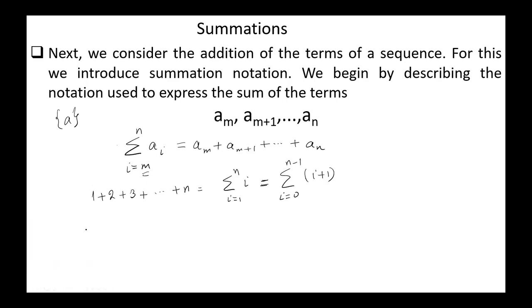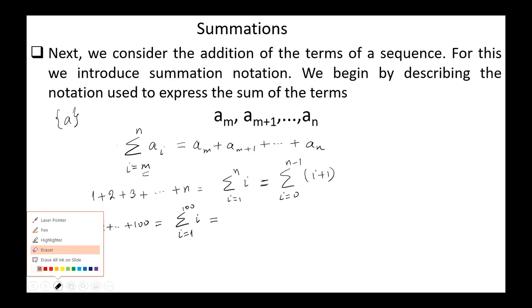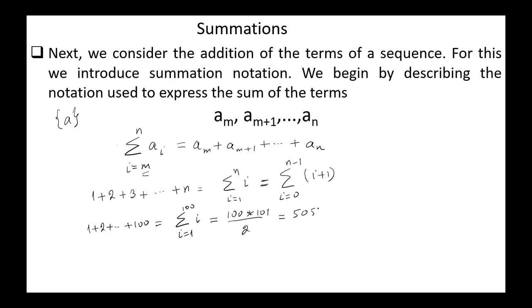For example, the sum of the first 100 integers, 1 plus 2 plus etc. plus 100, can be represented as the sum i from 1 to 100 of i, which is known to you even from school, n multiplied by n plus 1 over 2. Here 100 multiplied by 101 over 2, which is 5050. So the sum of integers starting from 1 to n equals n multiplied by n plus 1 all over 2.